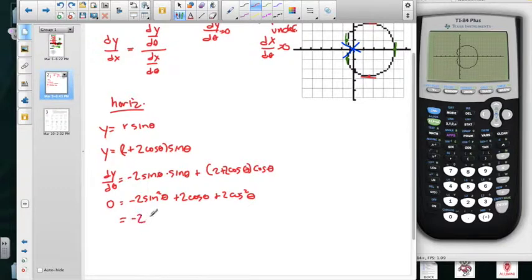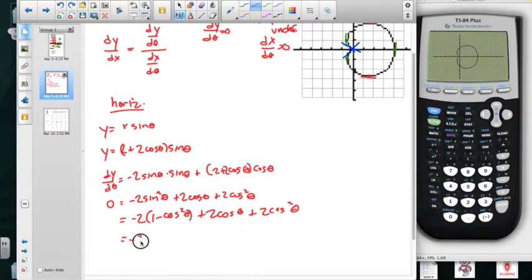So this is really minus 2 times 1 minus cosine squared theta, and then 2 cosine theta plus 2 cosine squared theta. Okay, we've got 2 cosine squared theta minus sine squared theta, not a trig identity. We can't make that equal to 1 times 2.